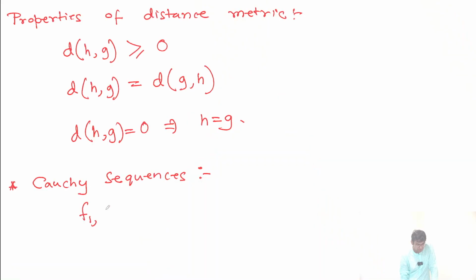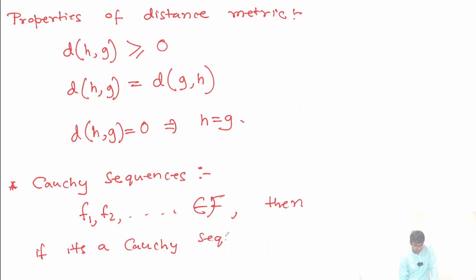So a Cauchy sequence is: I have f1, f2 and it goes on like this from some space F, then if it is a Cauchy sequence, it looks like, and looks like is an important term here, a convergent series.